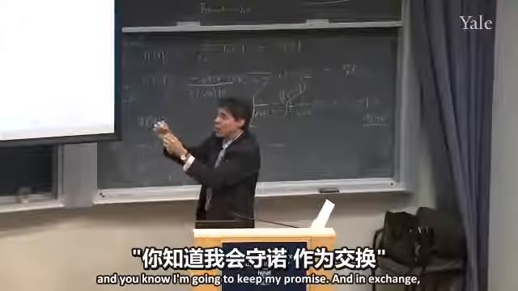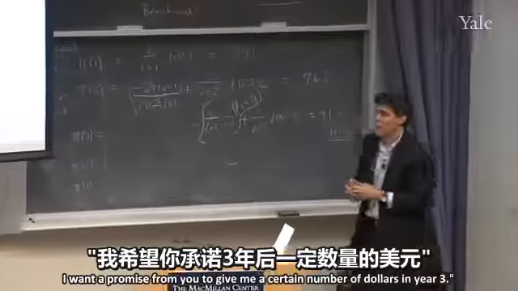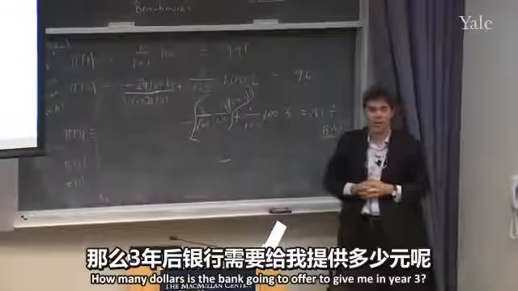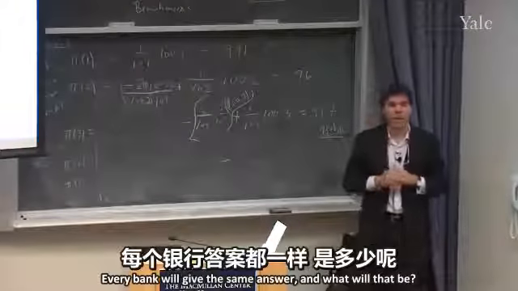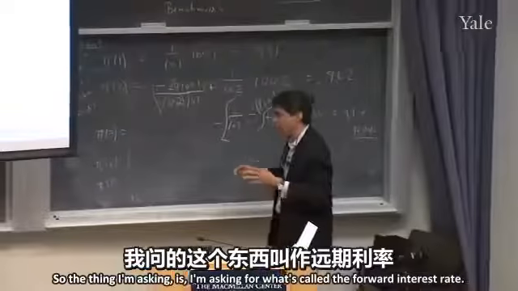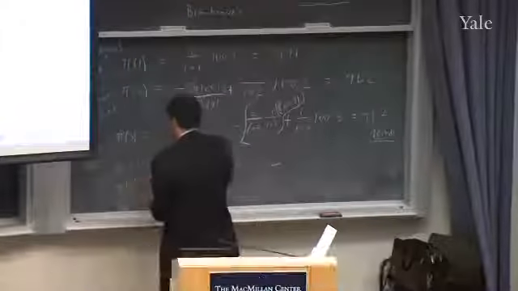And in exchange, I want a promise from you to give me a certain number of dollars in year 3. How many dollars is the bank going to offer to give me in year 3? Every bank will give the same answer. And what will that answer be? What I'm asking for is what's called the forward interest rate.